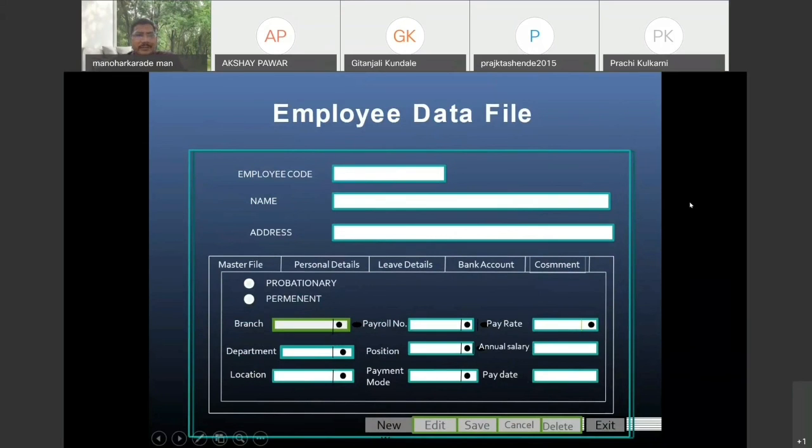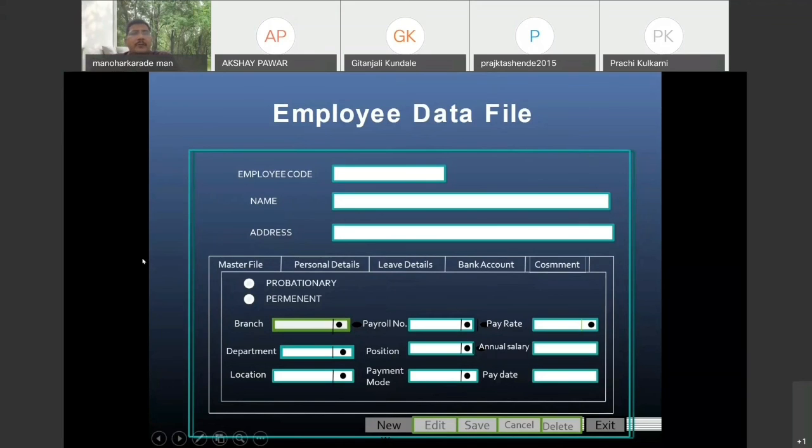Normally we get paid payroll management system software for organizations. But while preparing that payroll management system software, we need to give the inputs. As an HR manager, we need to give all these inputs.